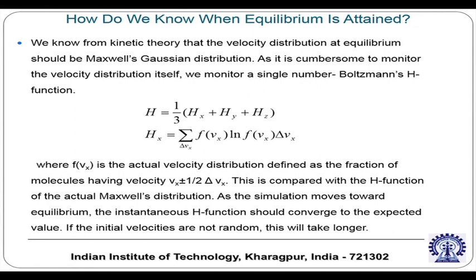This is compared with the H function of the actual Maxwell's distribution. As the simulation moves towards equilibration, the instantaneous H function should converge to the expected value. If the initial velocities are not random, this will take longer.